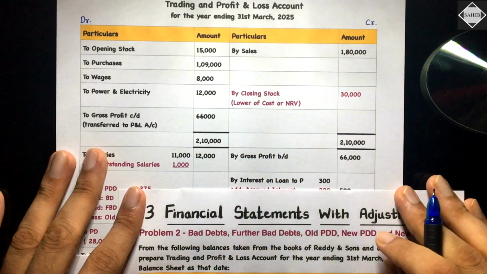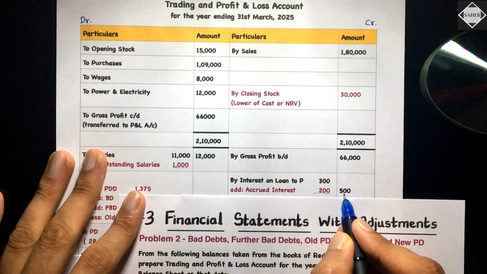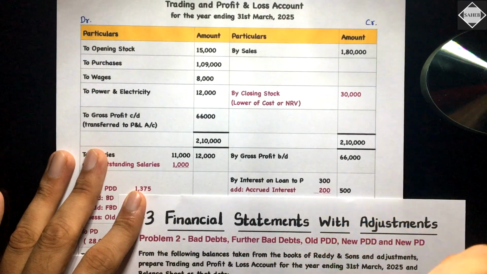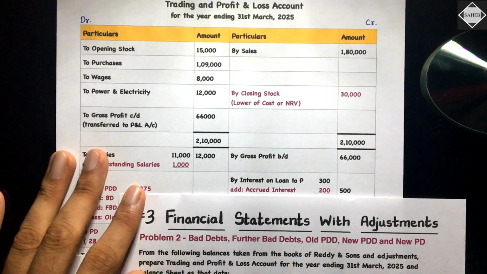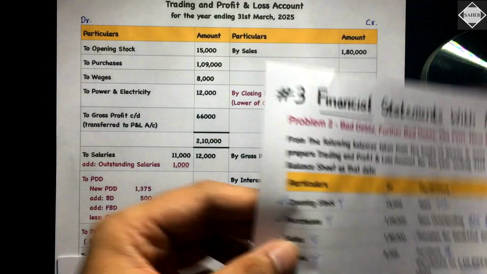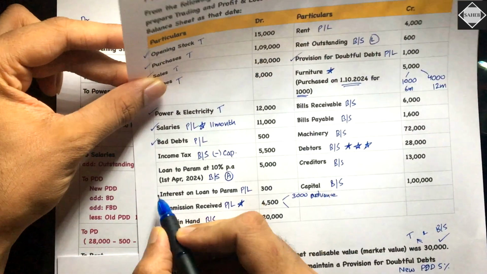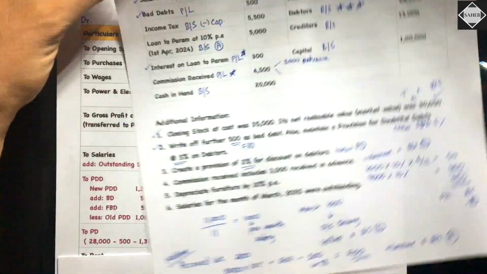We will receive it in the next accounting period. So we add accrued interest 200, that is 500. I told you, we increase the income. So that's how we are increasing the income. Okay, fine. So we are done with that hidden adjustment in the PNL. Let's tick interest on loan. On this there was an adjustment. So it's done.